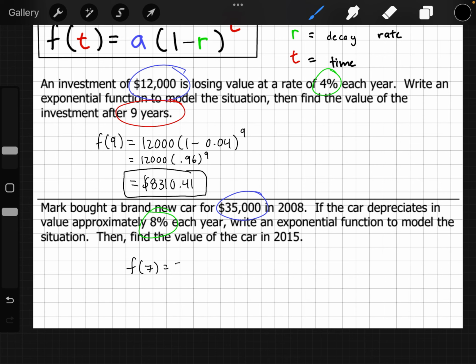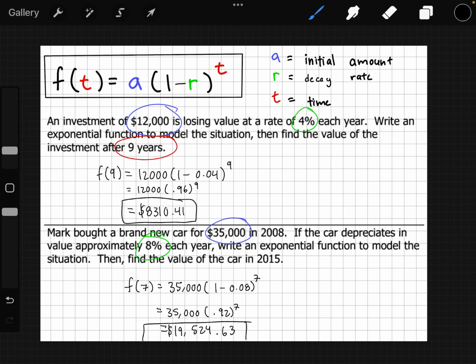So our t value is 7. 35,000 times 1 minus 0.08 to the power of 7, 35,000 times 0.92 to the power of 7 equals $19,524.63.